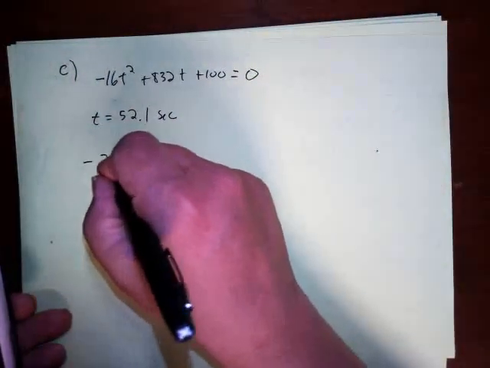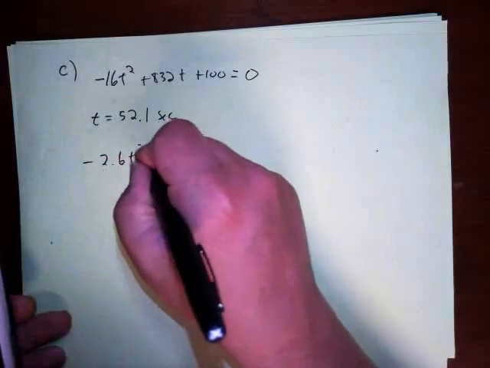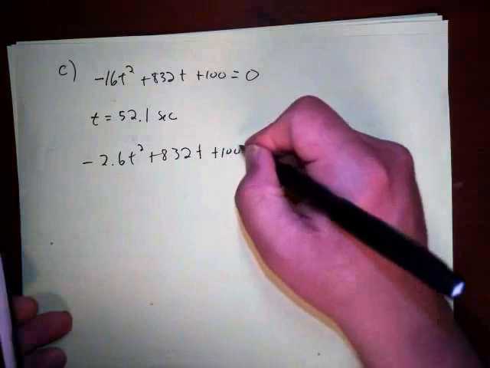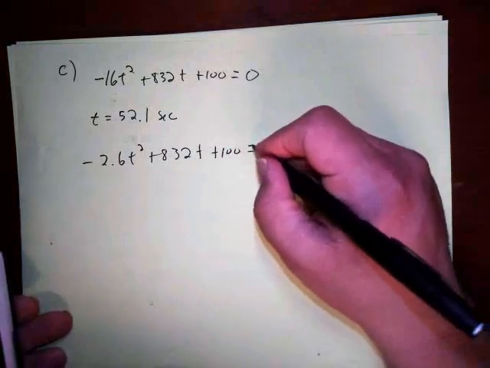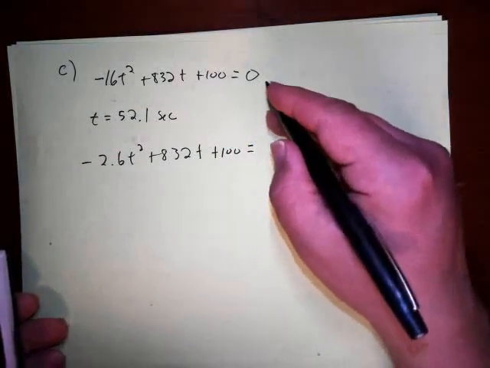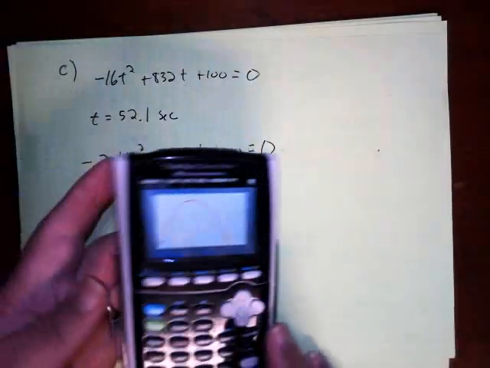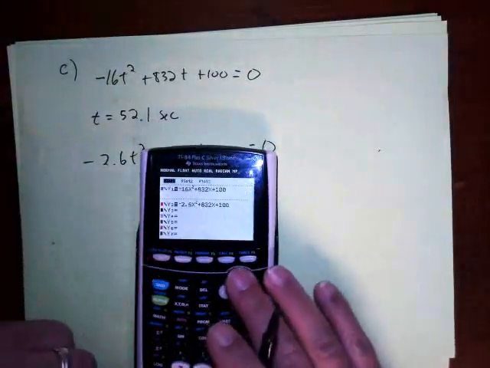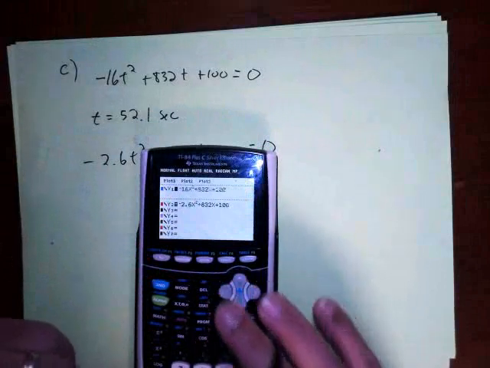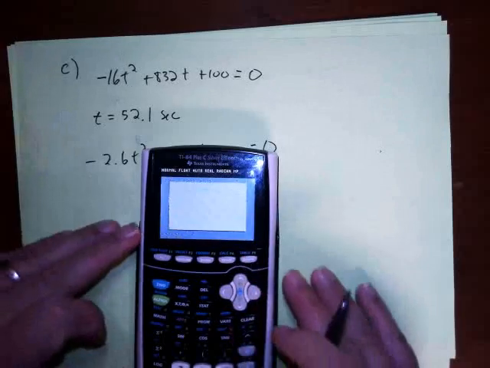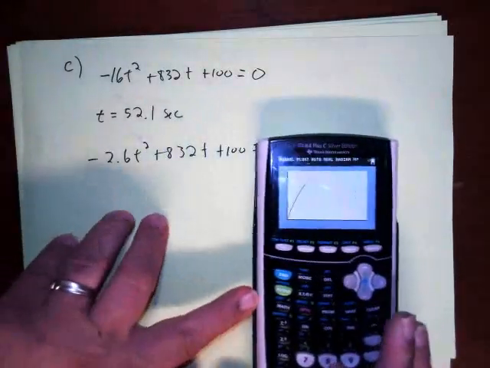And then what about the moon? So I do negative 2.6t squared plus 832t plus 100, and I want to know when this is equal to 0. So I'm going to go back and shut off the other function. There's probably a way that I can switch between the two functions, but I'm going to just do this.